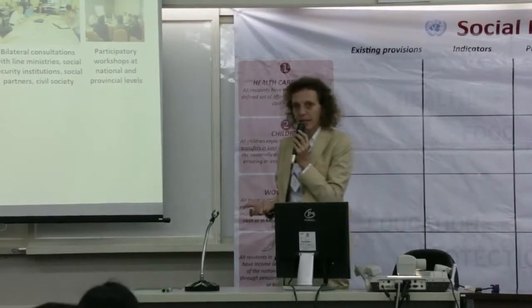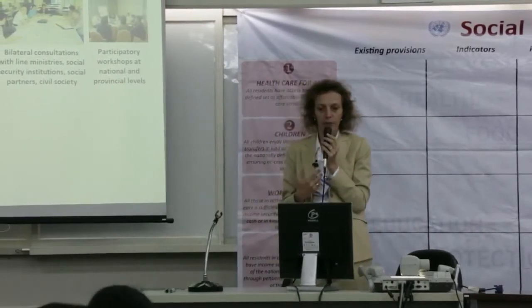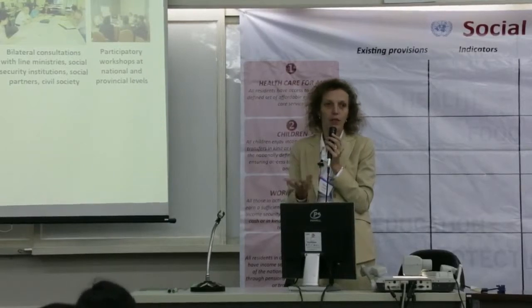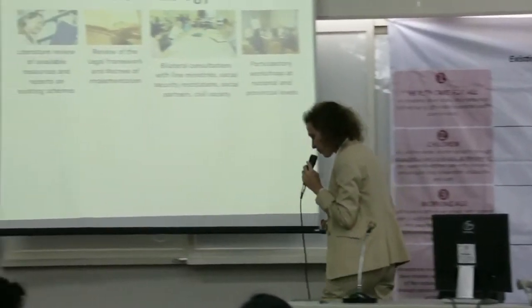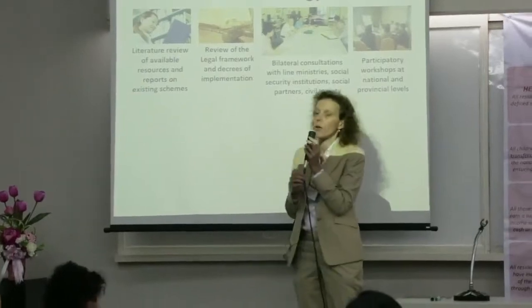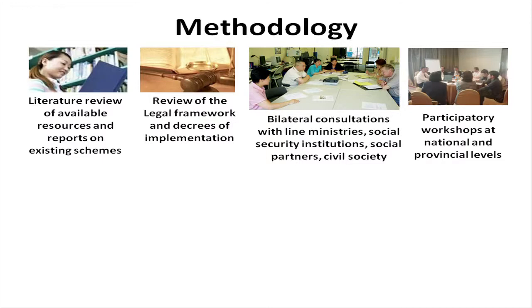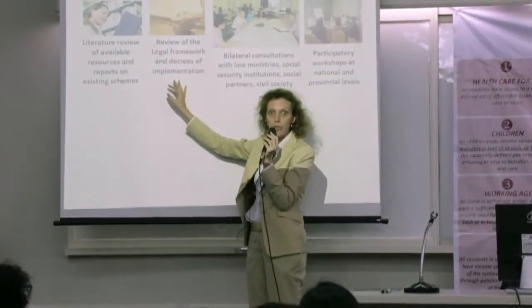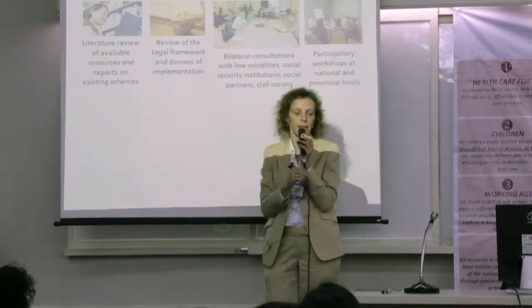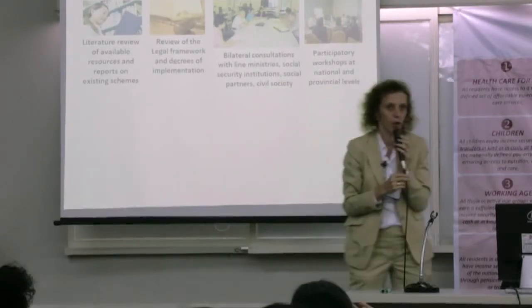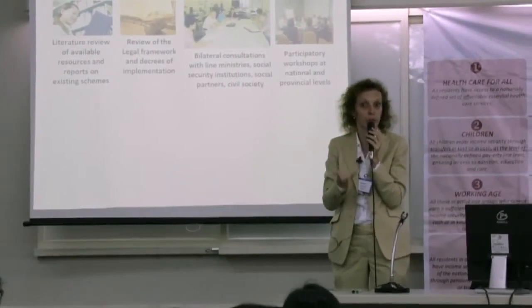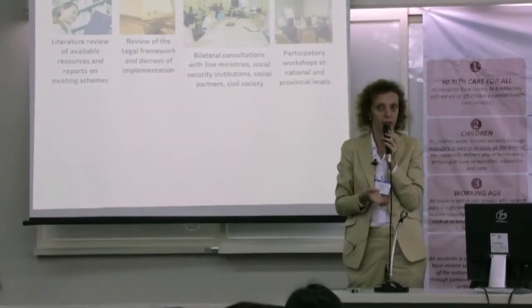So to complete the assessment matrix, there is a whole methodology that you can use. Of course, the first thing to do is to read all available reports on the country, the social security and social protection situation in the country, the description of the different schemes. It's also really important to review all the legal framework, and for us, when we're working in a country where we cannot read the language, it's really challenging.